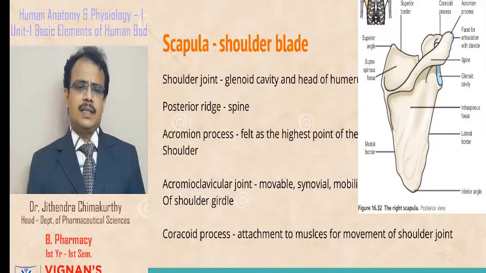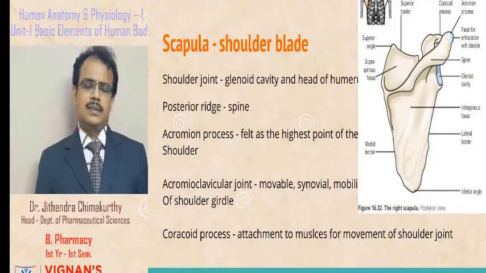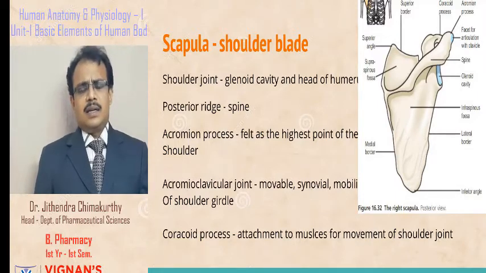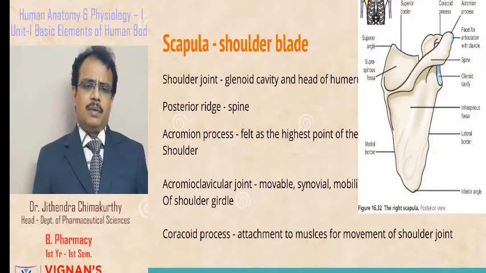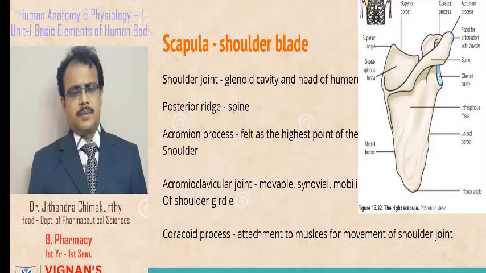Next, we will see about the scapula. This scapula is also called the shoulder blade and it is triangular in shape. It lies on the posterior chest wall, and between the rib cage and this shoulder blade lie the muscles.